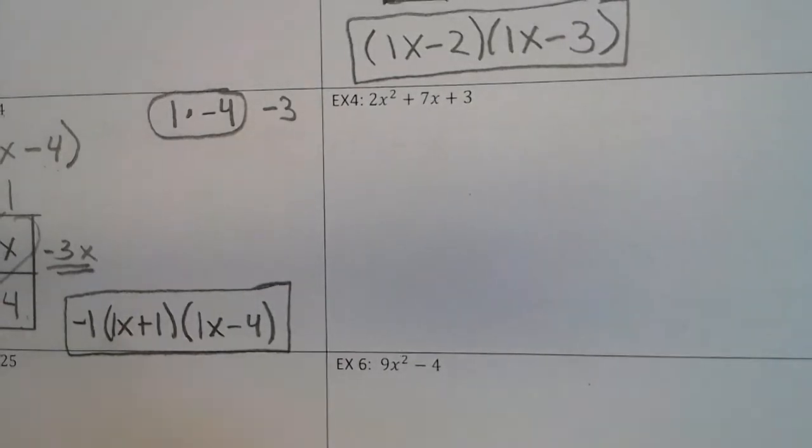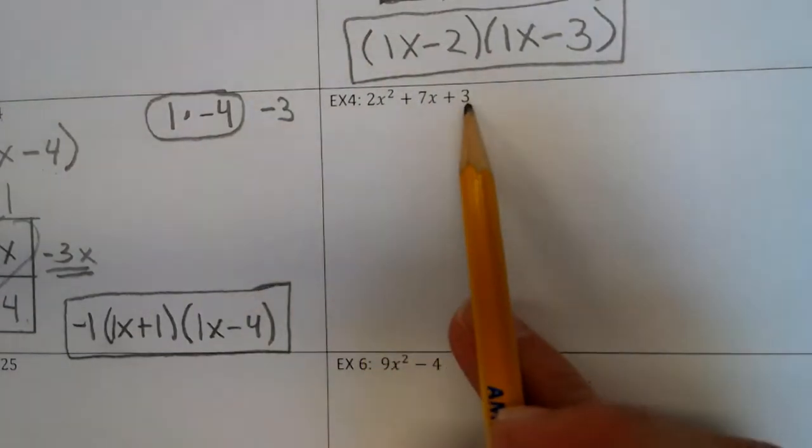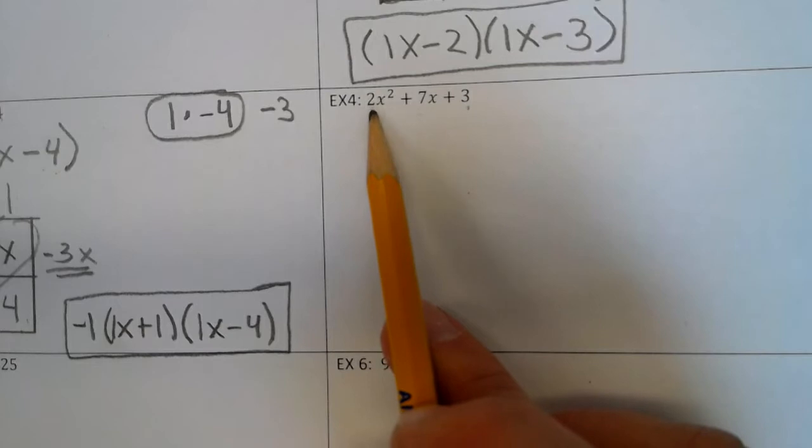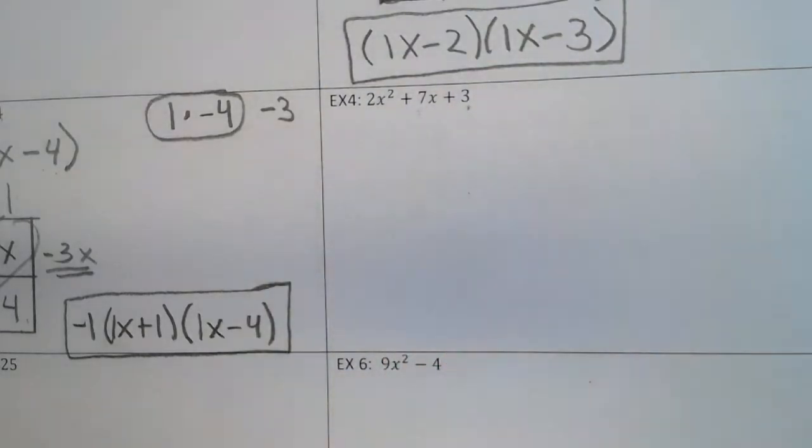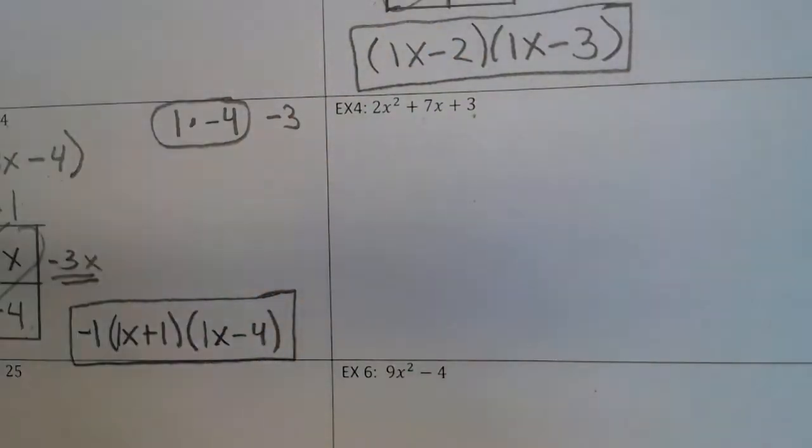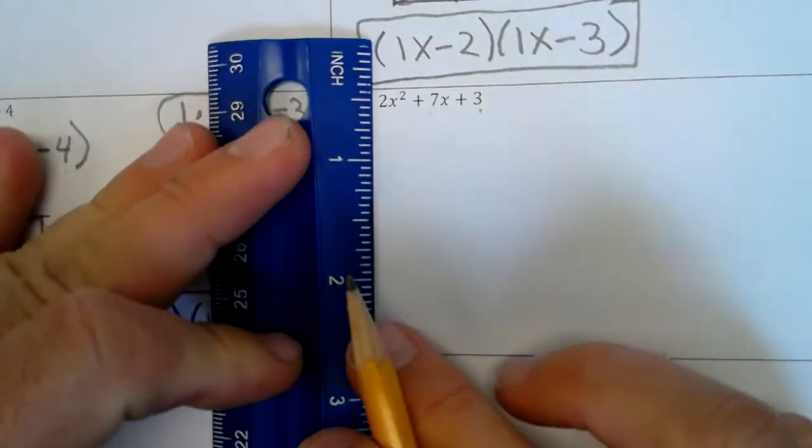All right, so we first factor greatest common factor. There's no greatest common factor because there's no number that divides into 2, 7, and 3 evenly. So then we go to factoring with the reverse box method. So you draw your box.